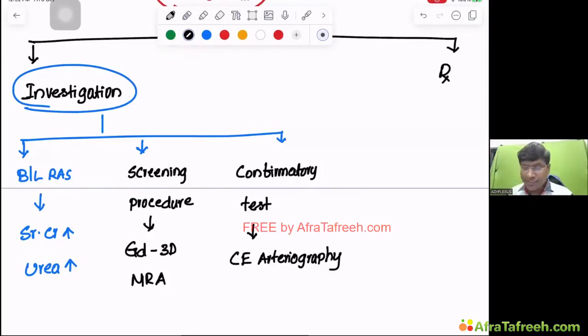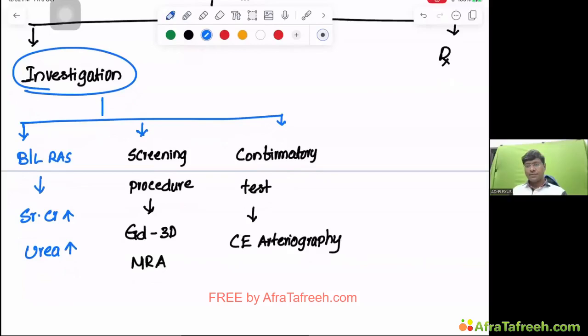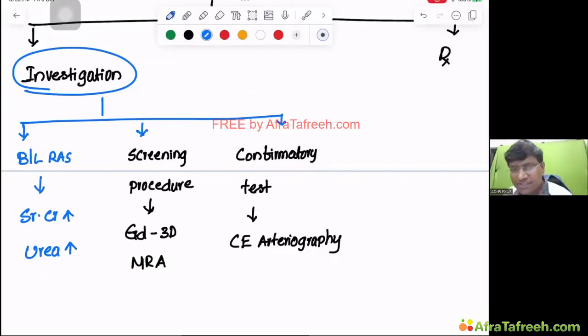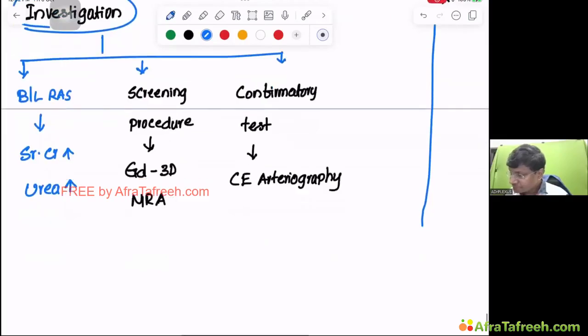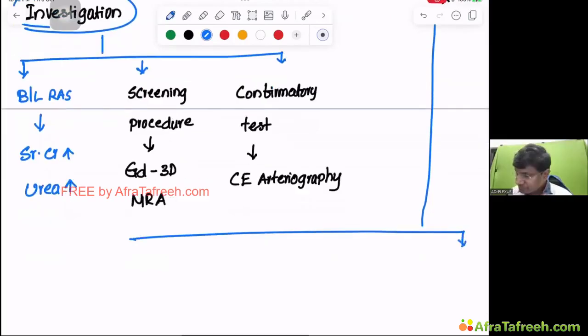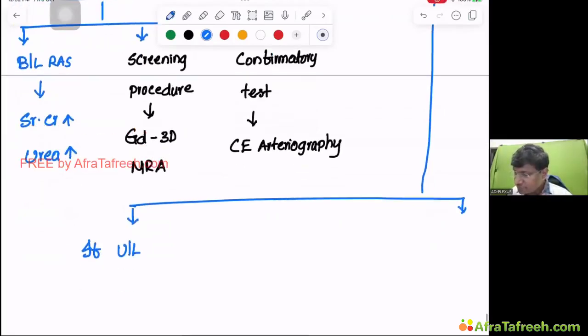Then, how do you treat these patients? So, yes, Jacob, when do you want to start therapy? Basically, let me tell you what the treatment is. If it is unilateral renal artery stenosis, we start ACE inhibitors.